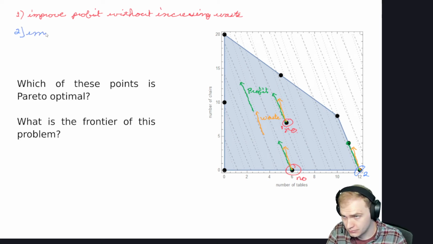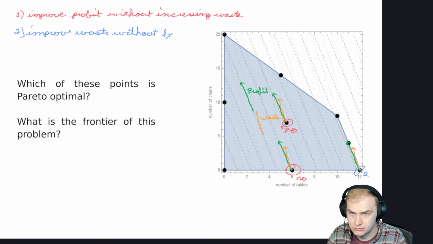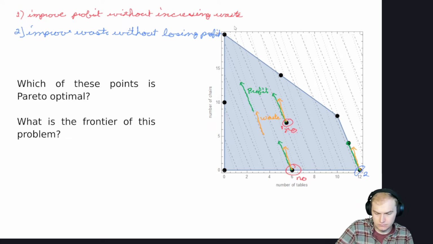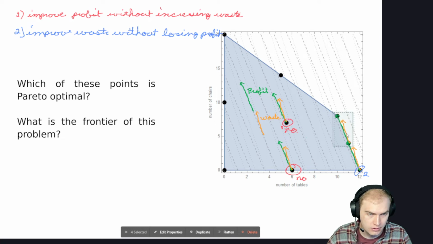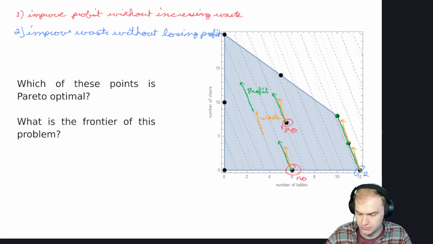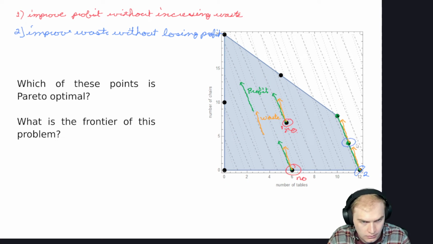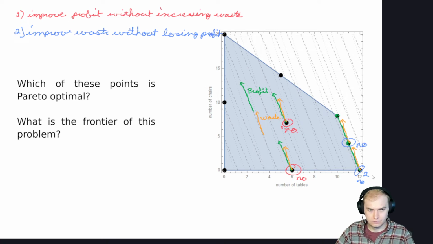So we can improve waste without losing profit. And the same is of course true for this point here on the edge. So these are both no's. Maybe I should have done that in a different color, but whatever.